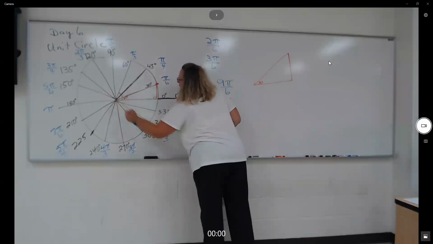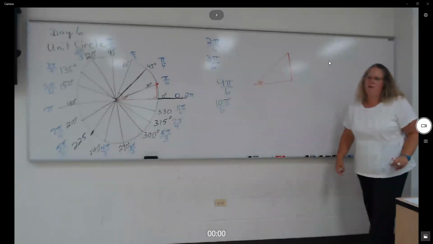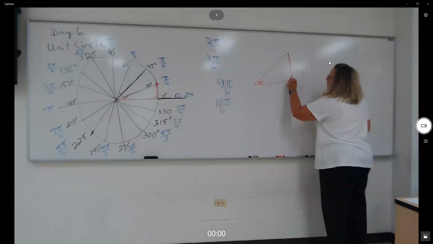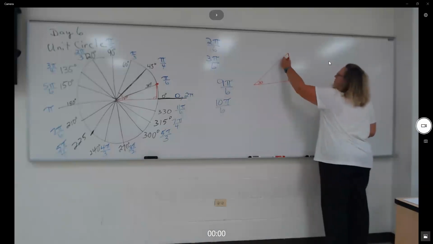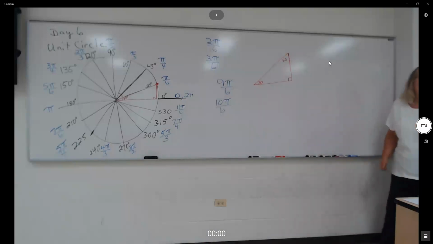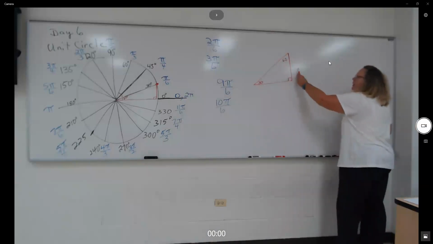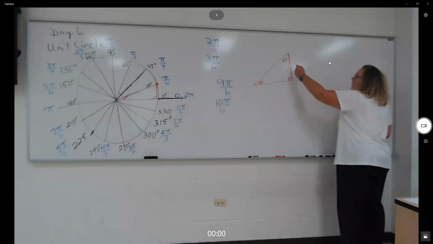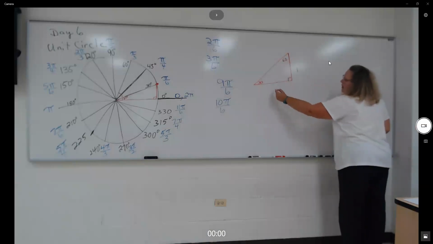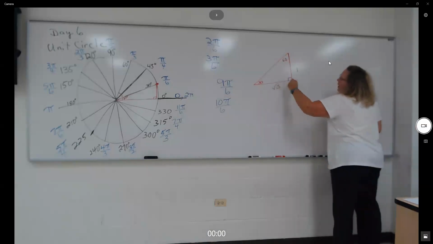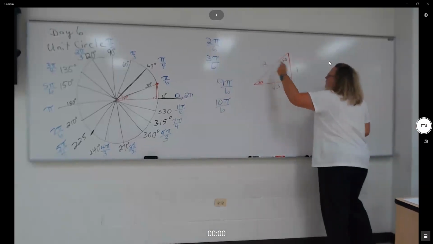So 30, this is a right angle, and then this has to be 60. Do we know across from the 30 is 1? Across from the 60 is square root of 3. And across from the 90 is 2.